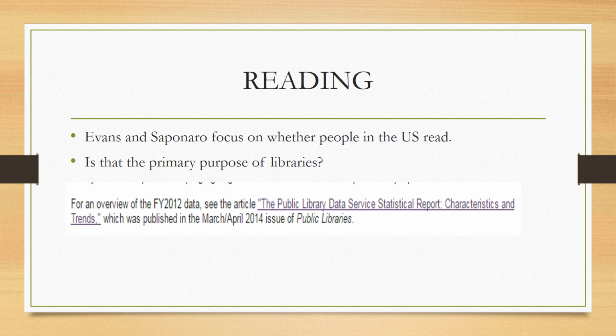So when Evans and Saponaro talk about the purpose of a library, they focus on whether people in the U.S. read. But is that now the primary purpose of libraries?